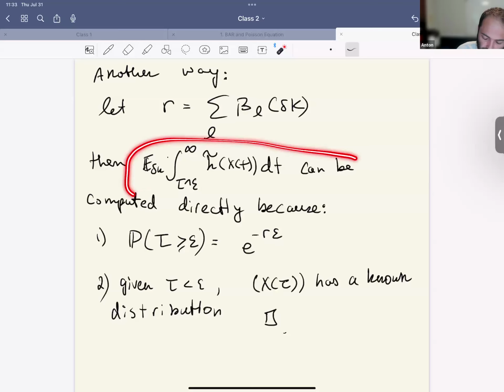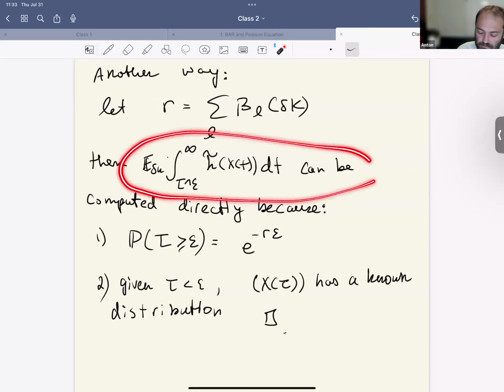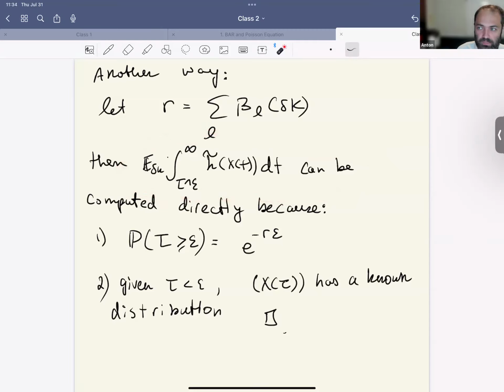If you're evaluating this expression directly, you would need condition number 2. Otherwise, pathological things can happen, or you can come up with an example where this thing is not really tractable. So that's where it comes up.